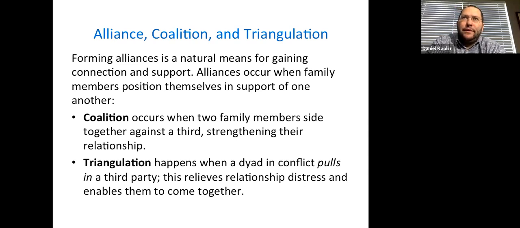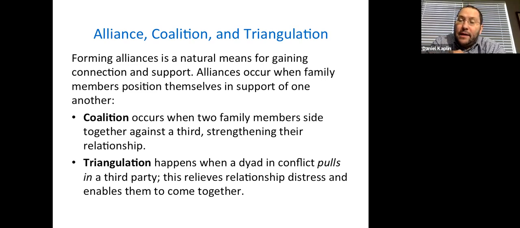And we're talking about in middle adulthood, they're bullying her, and they have joined forces together to attack my client, and that diminishes their relationship with my client, but strengthens their relationship with each other.